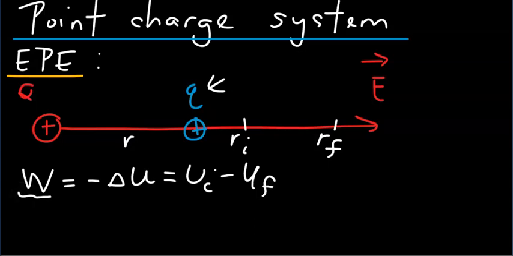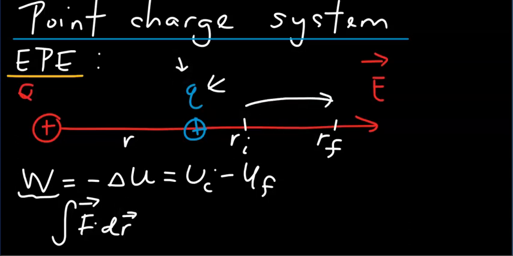But we do know work is given by an integral of force dr, because the force is the electric force dotted into the displacement of this charge as it moves from this point to that point.